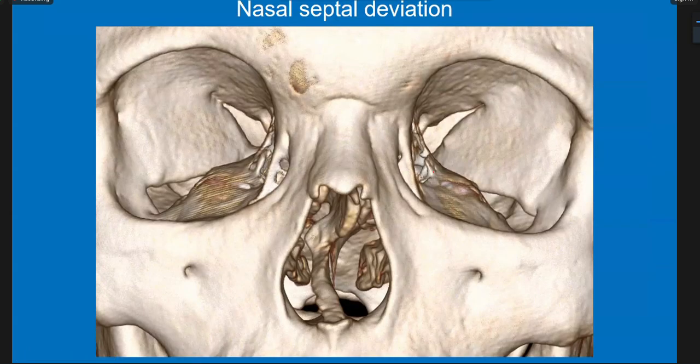Here, again, the nasal septum is an important landmark. You can see deviation of the nasal septum with relative narrowing of this nasal cavity and widening of the opposite nasal cavity.